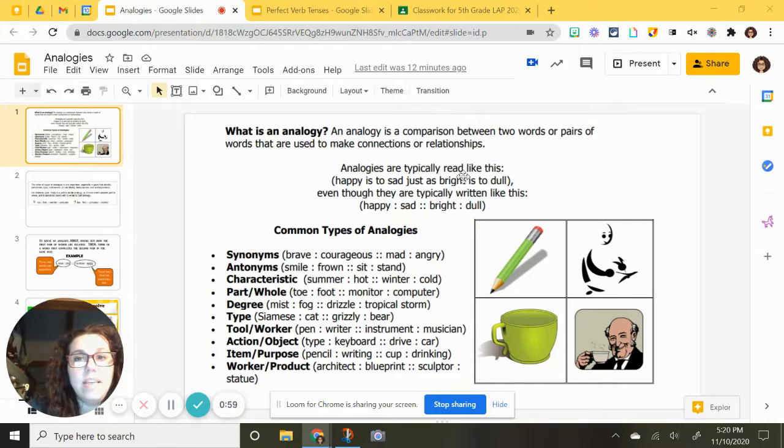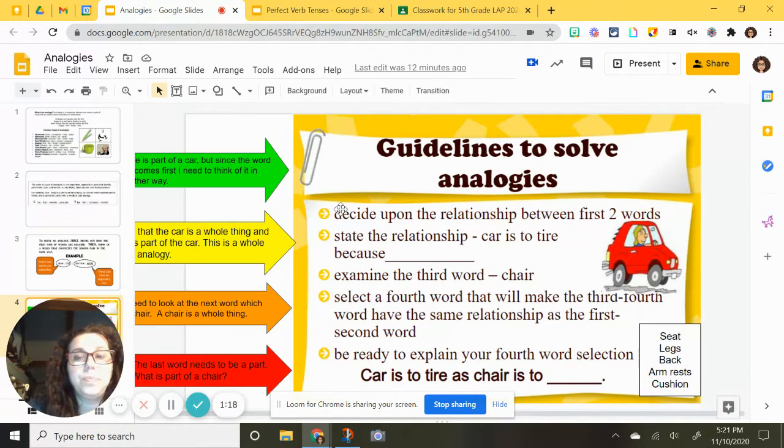They're together, and then the last two are connected, and they're a pair of words. So there are some common types of analogies here, and I'm not going to go over them quite yet because I want to jump ahead to slide 4, which is how to actually solve an analogy.